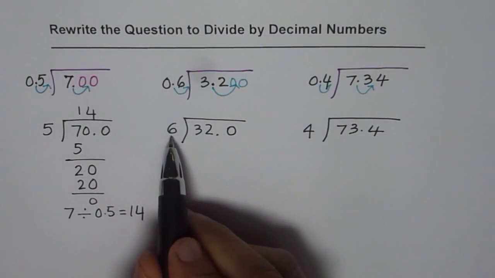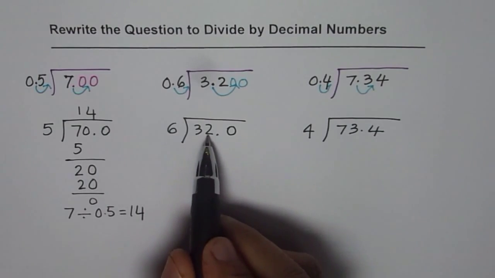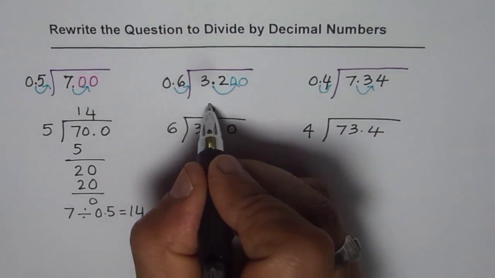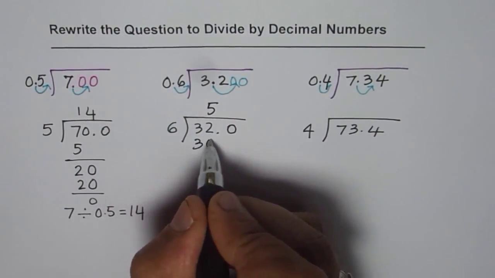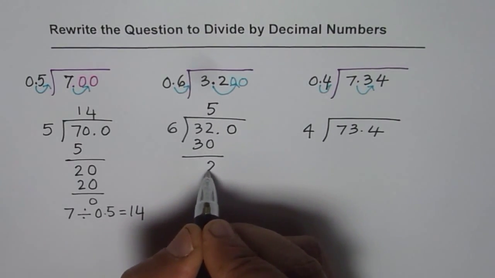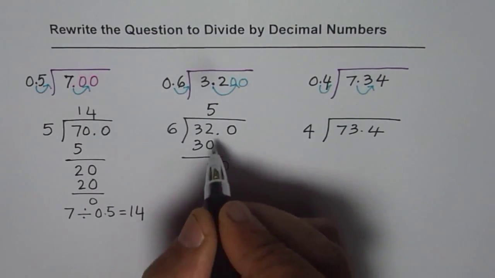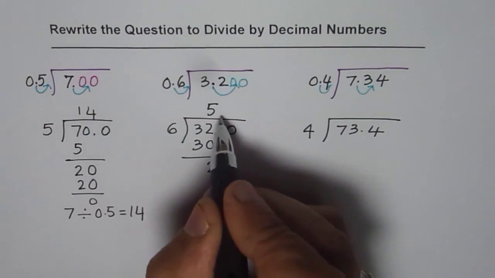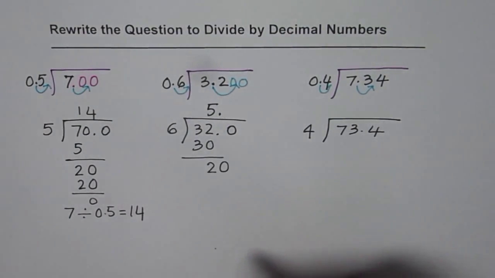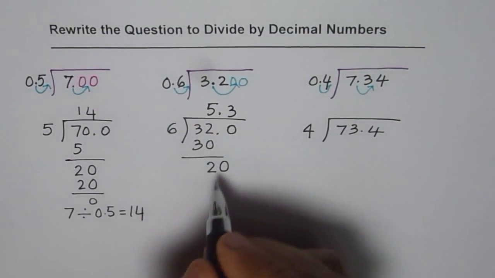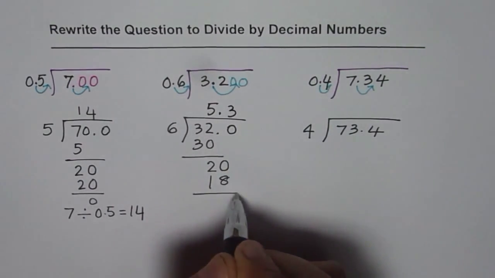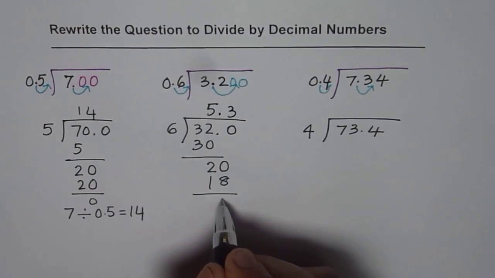3 is smaller than 6, so it cannot go. 32. 6 times 5 is 30. When you take away 30, you get 2. Now you can bring down the 0. Since we took a number after the decimal, we have to put a decimal here. 6 times 3 is 18, right? Remainder is 2.